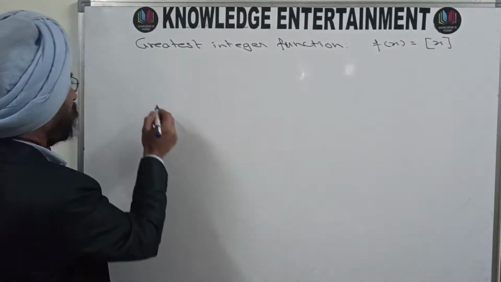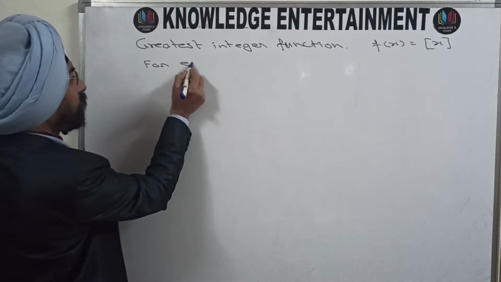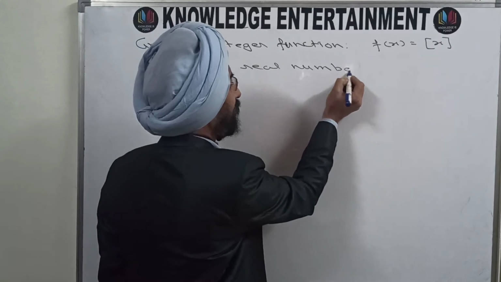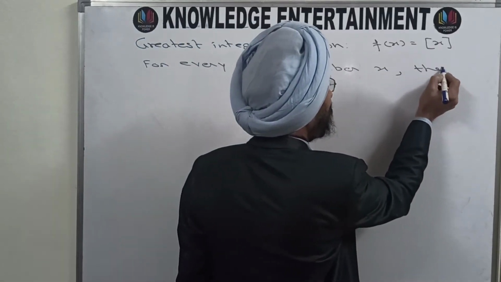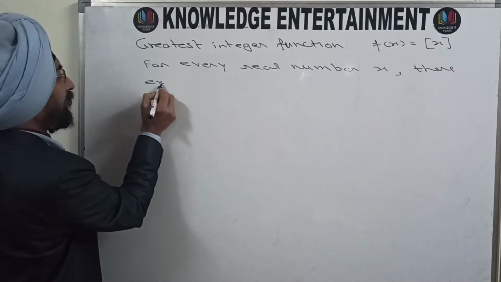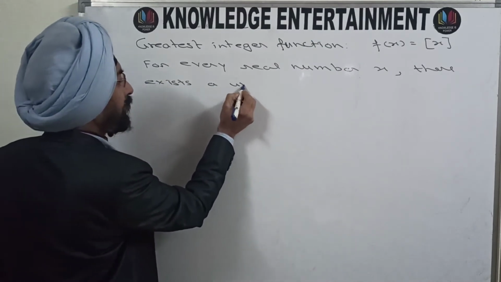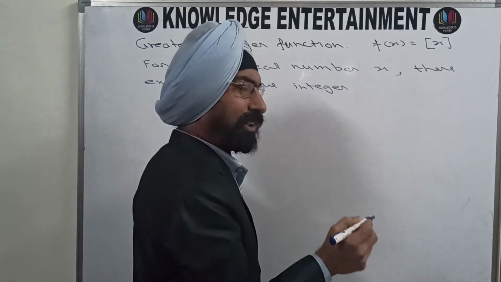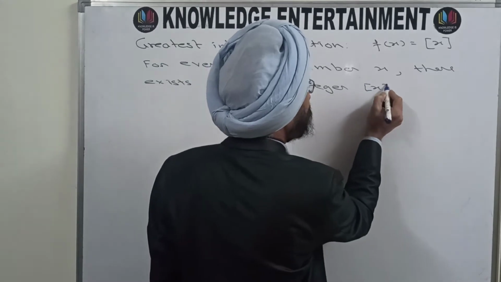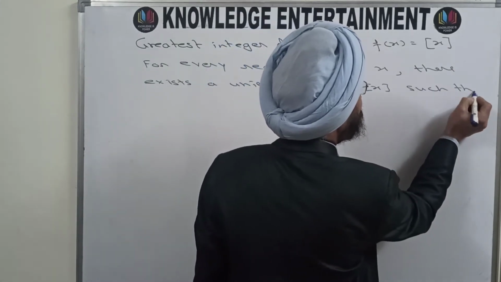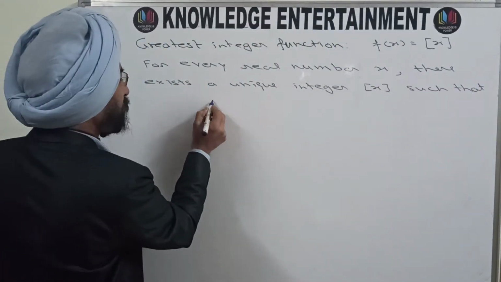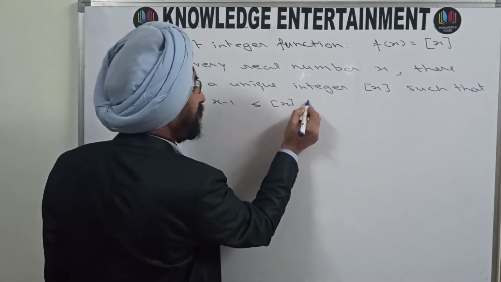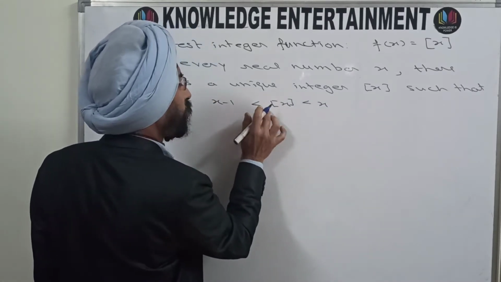We define it as, for every real number x, there exists a unique integer box x such that x minus 1 is less than or equal to box x is less than or equal to x.